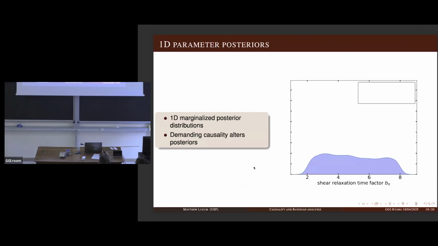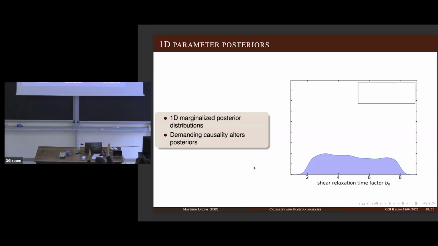So we can just look at other things. The most obvious thing that matters is the shear relaxation time. This is actually showing the posterior before the cuts, so this is what's showing you that it's basically flat. The data don't tell us anything about this, because the shear relaxation time really doesn't have any effect on observables.